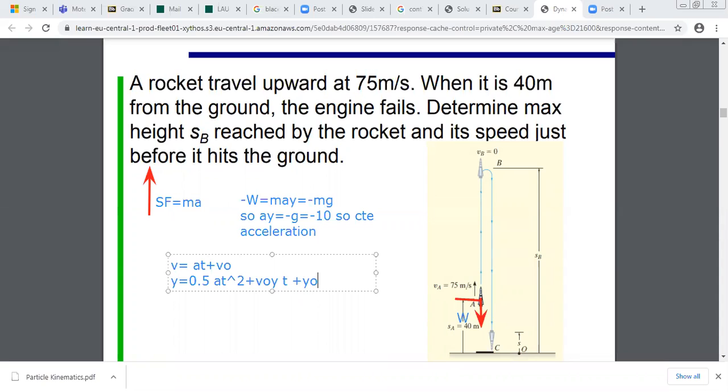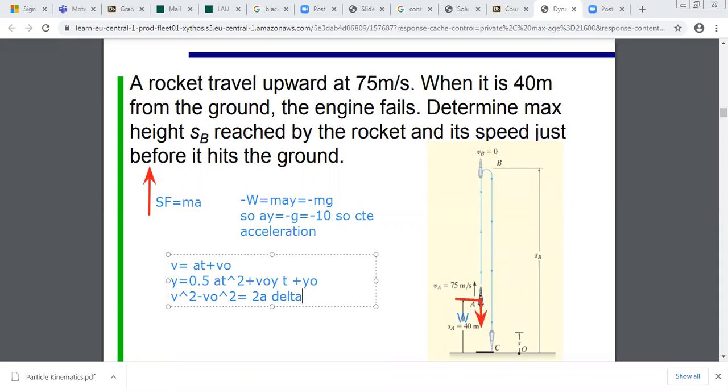Okay, so I can use these relations, and if I want a relation independent of time, I can use that v square minus v0 square is equal to 2a times delta y.